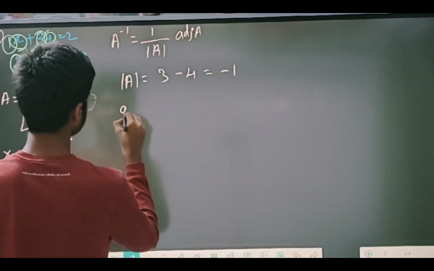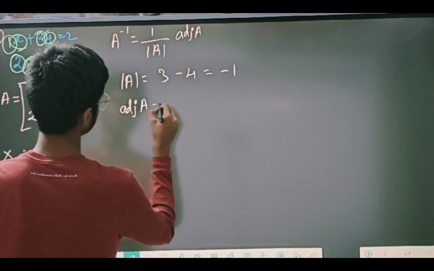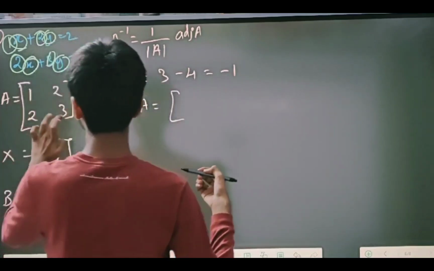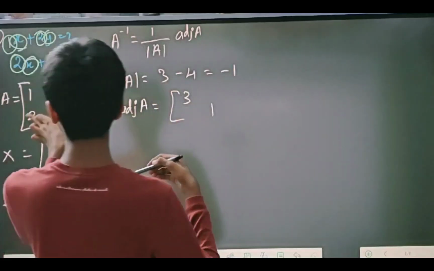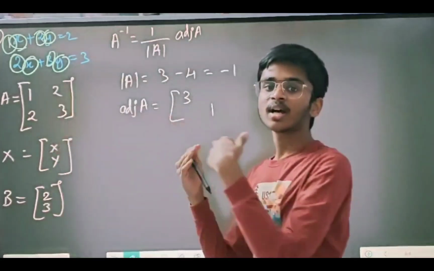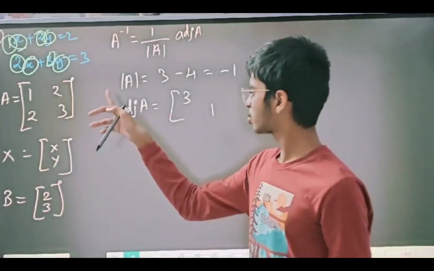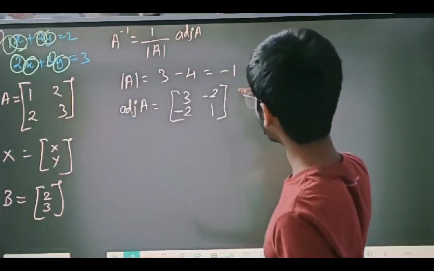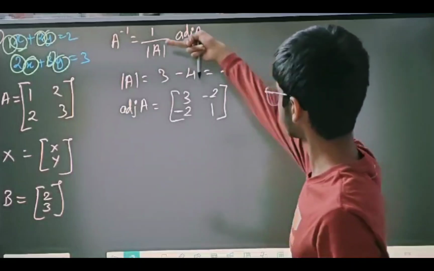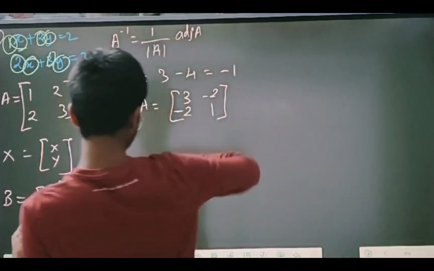Then adjoint of A is a matrix. This we know. This and this have to swap their places, so 3 and 1 will come here. These two should have their signs interchanged, so it will be minus 2 here and also minus 2 here. Now substitute these two values in this equation.